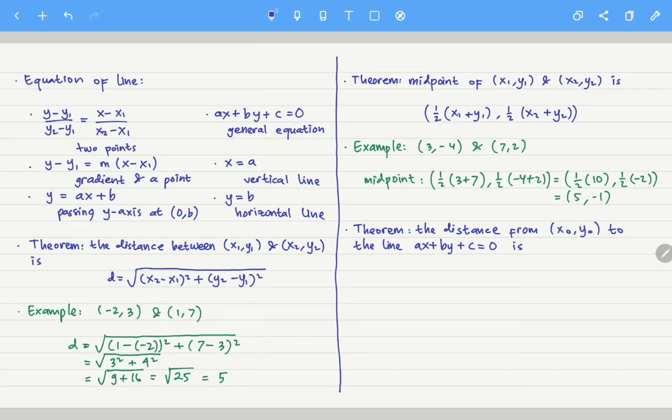In this case, we calculate the distance from a point to a line. The distance d is equal to the absolute value of ax0 plus by0 plus c, divided by the square root of a squared plus b squared.